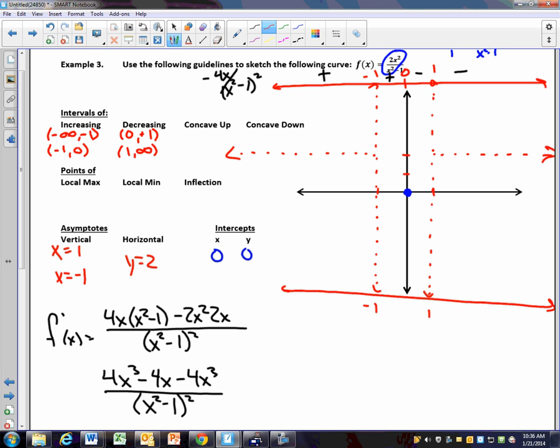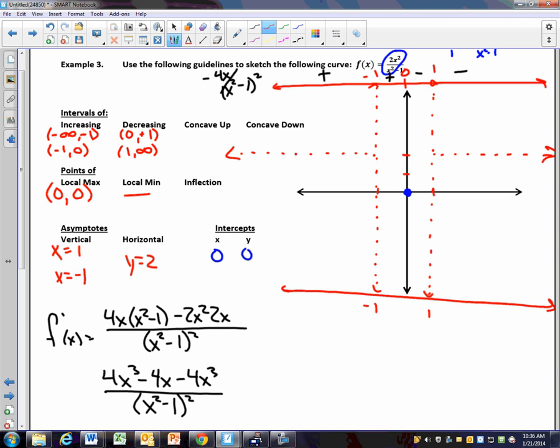Can you identify looking at that? I changed from positive to negative. Is it going to be a max or a min? It's going to be a max. And we know that if you plug in 0, you do get a value of 0. So are we going to have a minimum? Nope, we have no minimum.